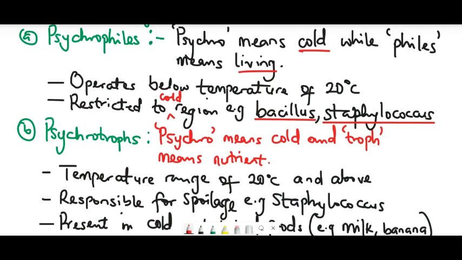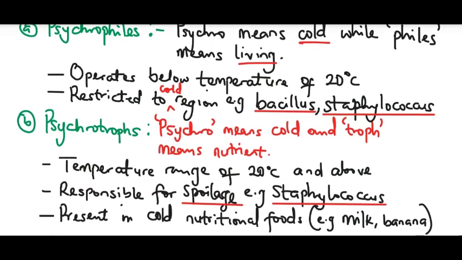They operate between the temperature range of 20 degrees Celsius and above. They're responsible for spoilage, right? Example is your Staphylococcus, right? We have the last feature being that they are present in nutritional food. Example, you have your milk, banana, right? We have also tomatoes, right? And so on and so forth.